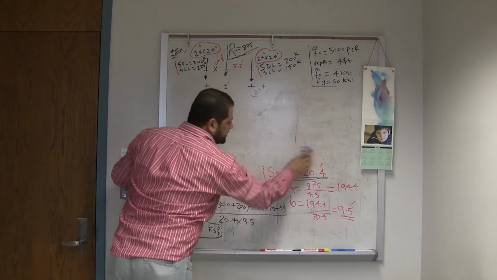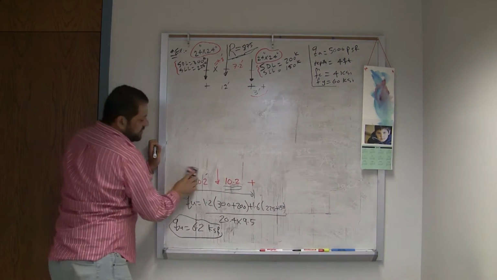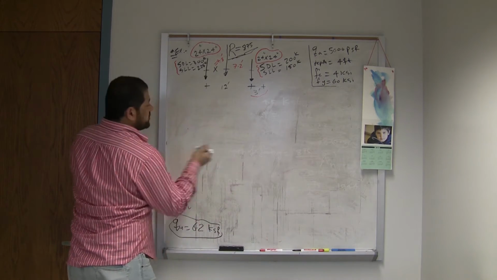The next step is to draw the shear and moment diagram. So now it's a beam. This footing is a beam. So this is what we have.